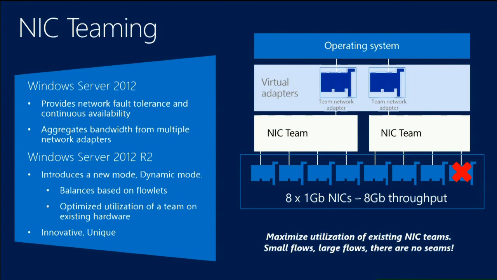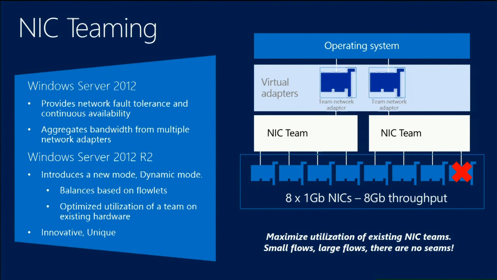But if I don't have a lot of VMs or flows, let's say I have one VM that has one large flow, because the algorithm for NIC teaming affinitizes a flow to a particular NIC, you can have flows that are not getting distributed across multiple NICs, even though you have capacity available.